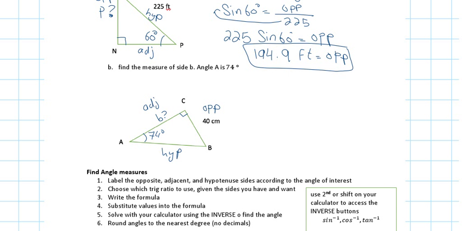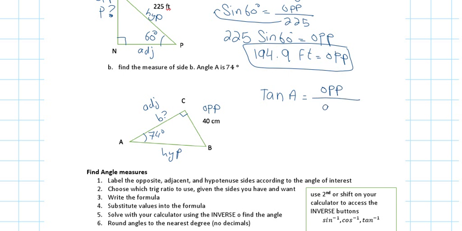All right, perfect. Which side do I know, which side am I looking for, and what trig ratio do I use? Tan, because I know the opposite and I am looking for the adjacent. Tan is the one that has O and A. So tan A is equal to opposite over adjacent.